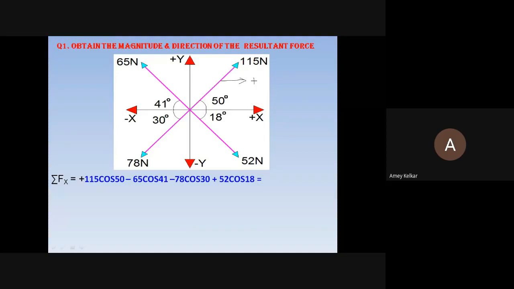Similarly, when we come to the 65 Newton force, this force is going outside. Its horizontal component also will go outside, pointing towards the negative x-axis. So in the equation we get 65 cos 41.